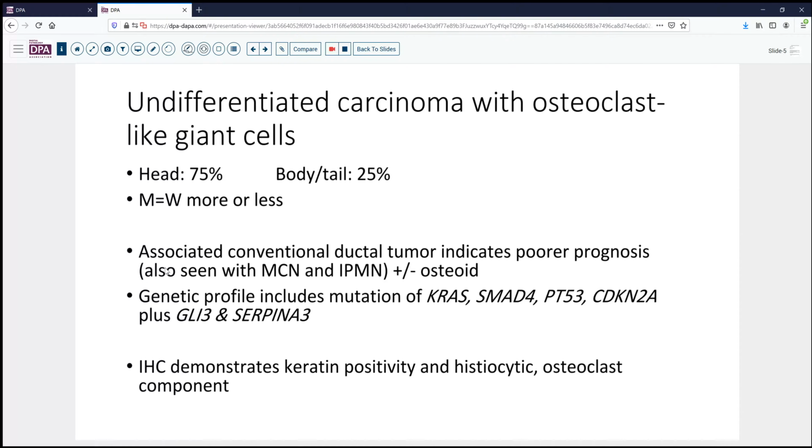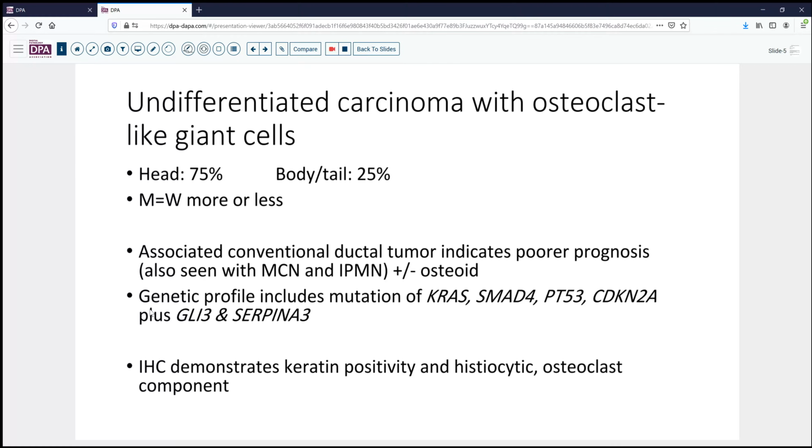And this is a lesion that is occasionally associated with conventional ductal type carcinoma, but that is indicative of a poorer prognosis. It can also arise in conjunction with mucinous cystic neoplasm or intraductal papillary mucinous neoplasms, which may or may not, in some instances, have osteoid.